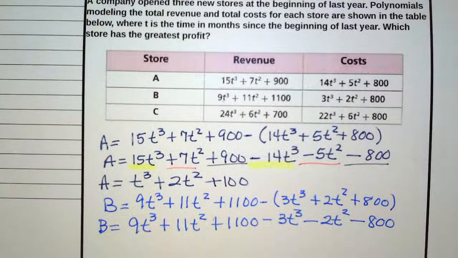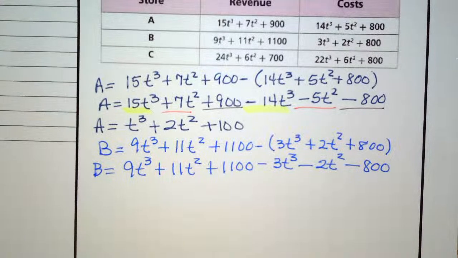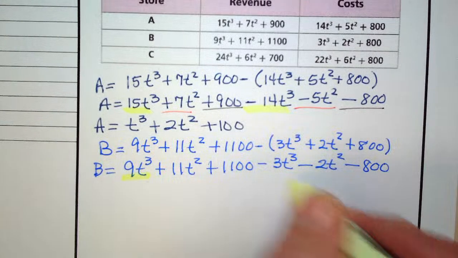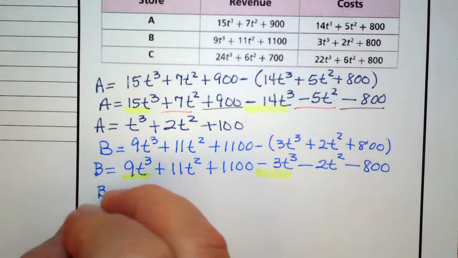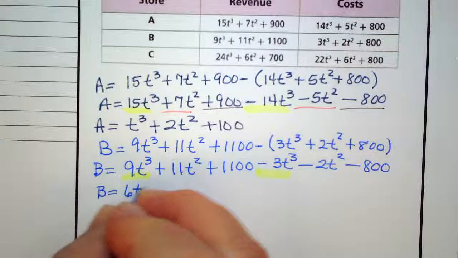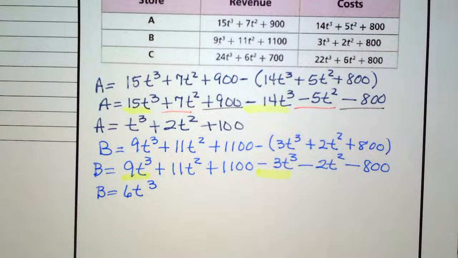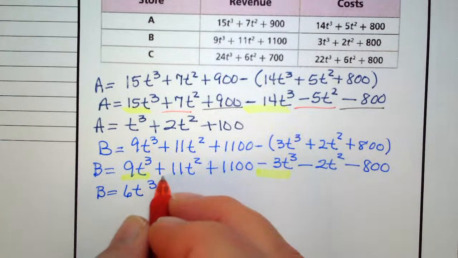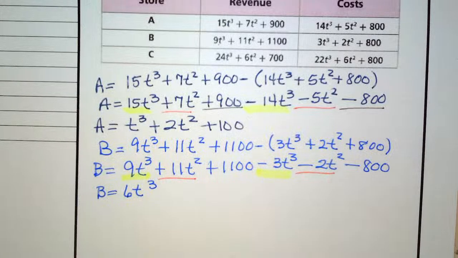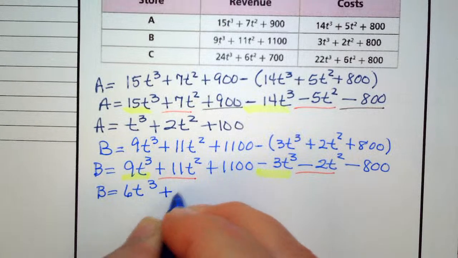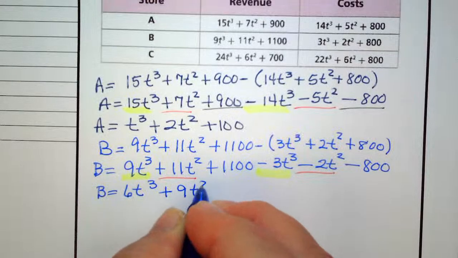Same thing again, we're going to collect those like terms. I've got 9t to the third minus 3t to the third. 9 minus 3 is 6, so 6t to the third. I have plus 11t squared minus 2t squared. 11 minus 2 is 9, so plus 9t squared.